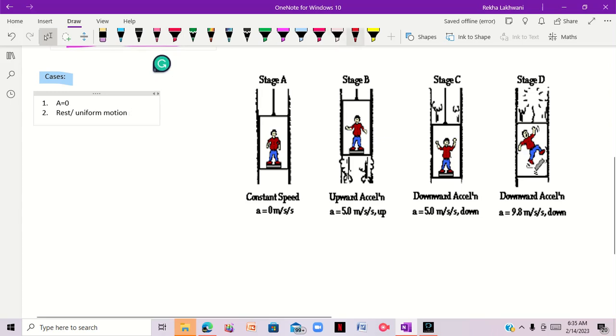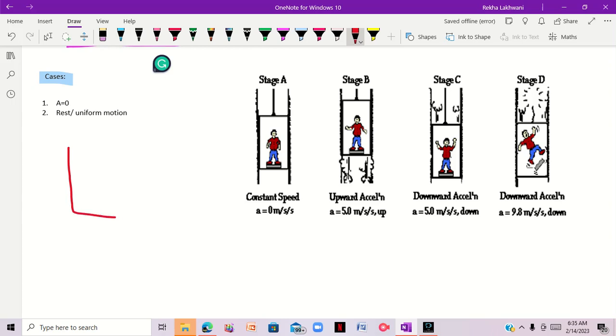Okay, let's take an example. Consider that this is a container or a pot, whatever. The man is sitting inside it. This is a man, right?